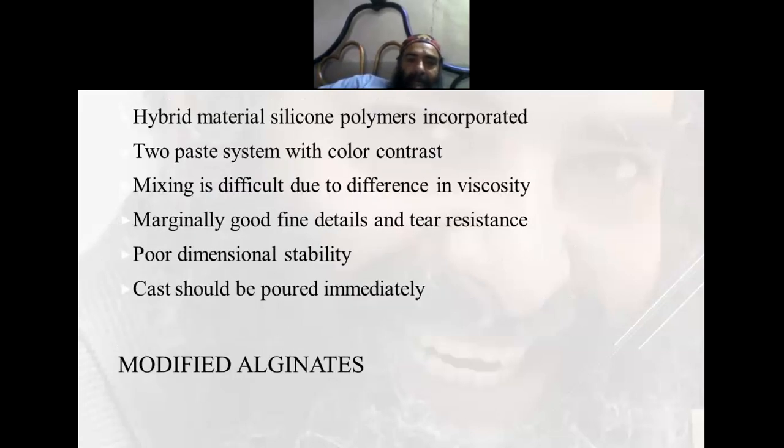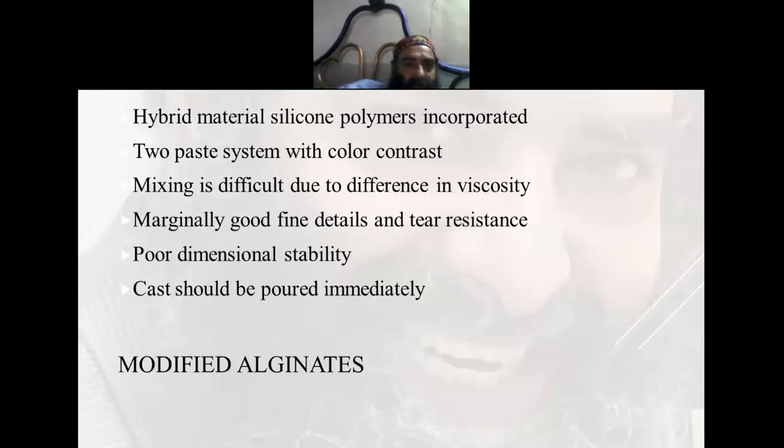Hybrid material: silicone polymers incorporated in alginate. When silicone polymers are incorporated in alginates, a hybrid material is formed, also called modified alginate.